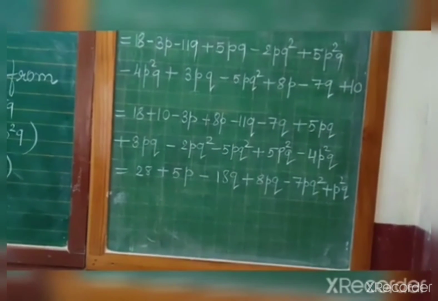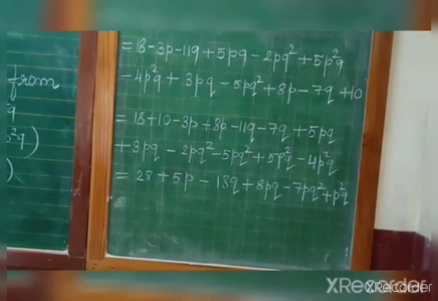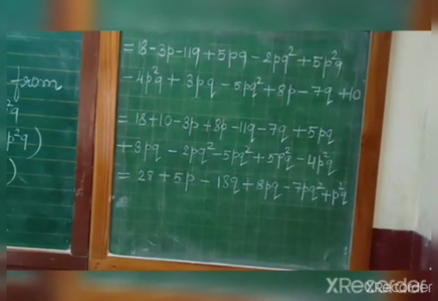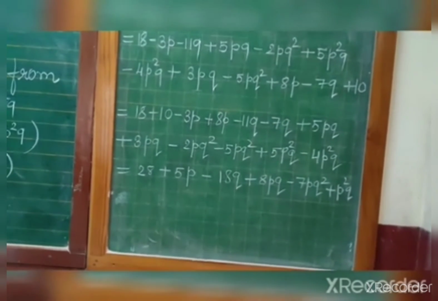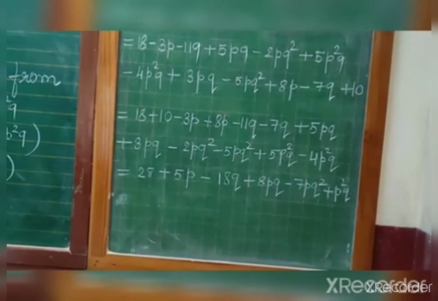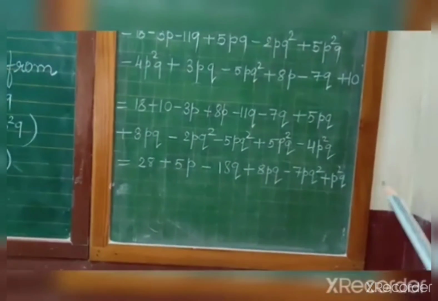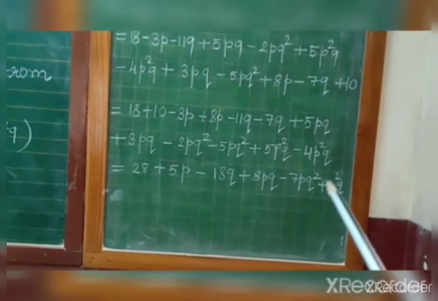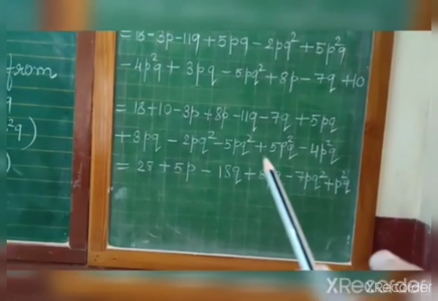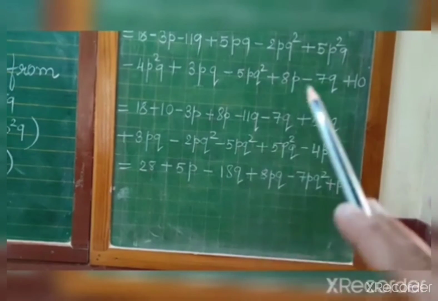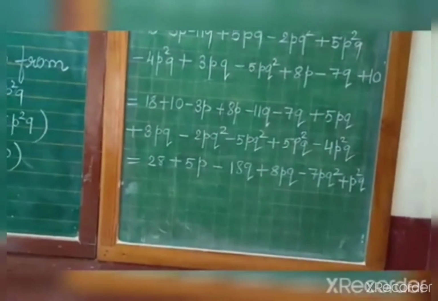Now minus 2 minus 5 is minus 7pq square. Now 5 minus 4 is 1, and we never write 1 as a coefficient, so we write only p square q. You can also arrange this polynomial in the standard way, just opposite: p square q minus 7pq square plus 8pq minus 18q plus 5p plus 28. In this way you can also write.